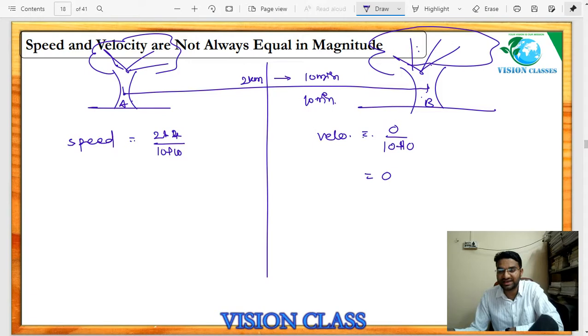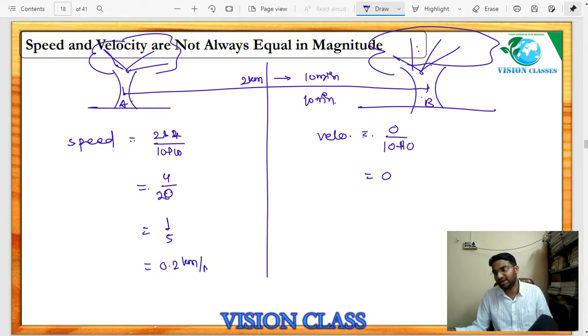And speed is something else: 4 over 20, which is 1 by 5, or 0.2 kilometer per minute.